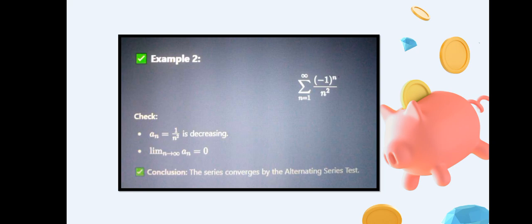Then we need to test the limit. The limit as n approaches infinity of a sub n equals 0. So from this example, the series converges because it satisfies the alternating series test.